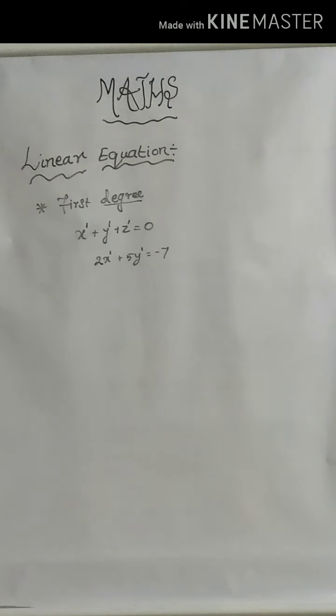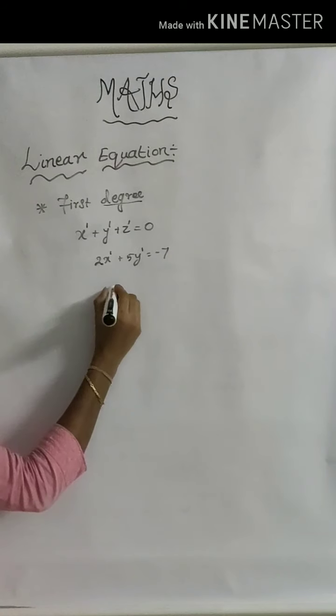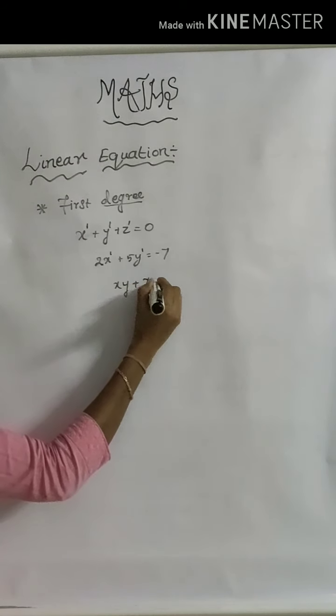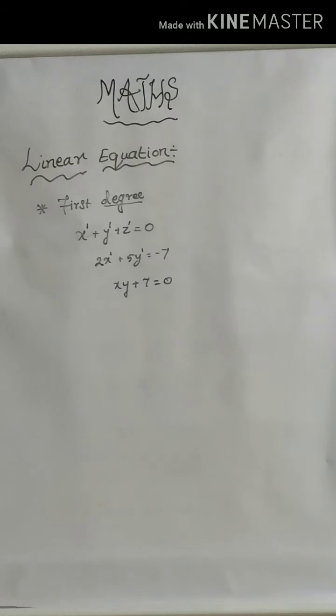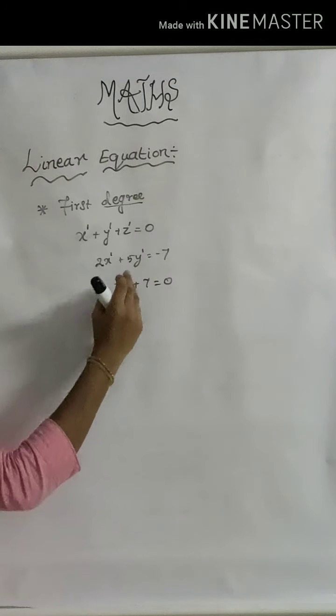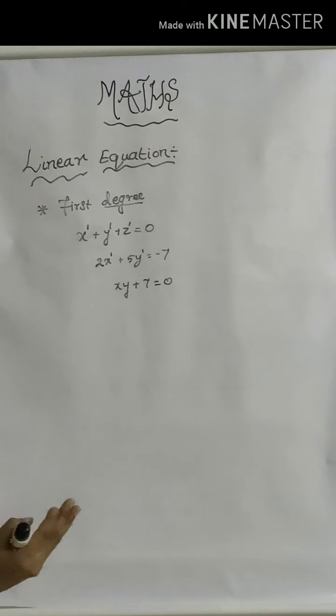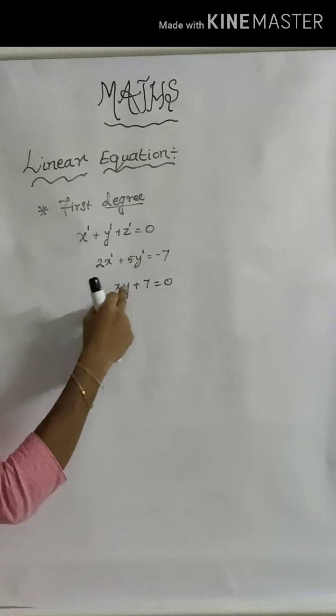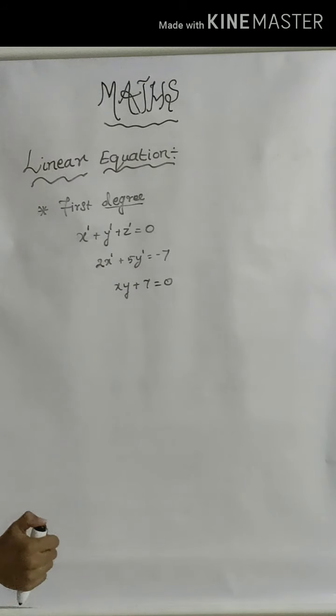Here I am going to give one more example for you, that is x into y plus 7 equal to 0. Here I have two terms as well as two variables. Shall we say this equation is a linear equation with two variables? Here we have two terms, xy as a term and 7 as a term.